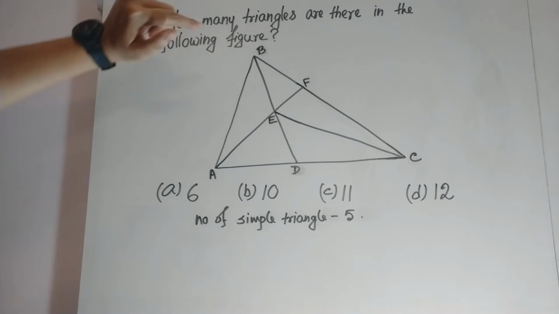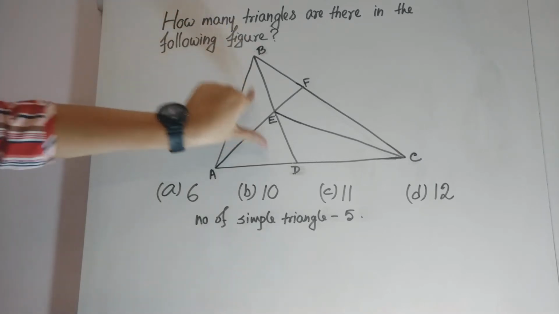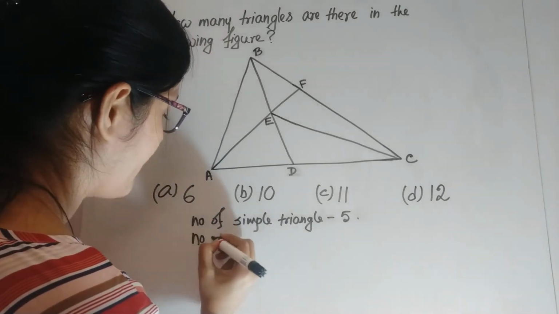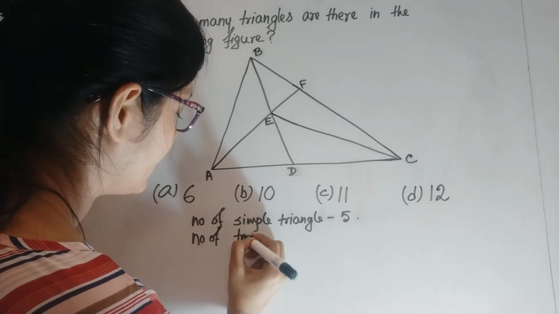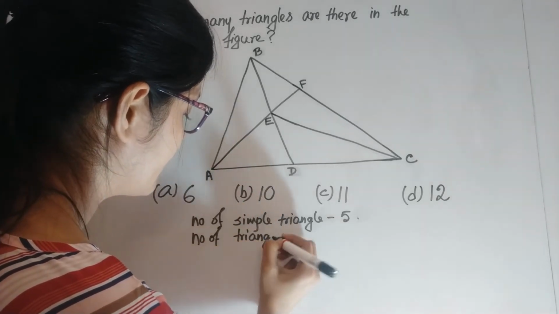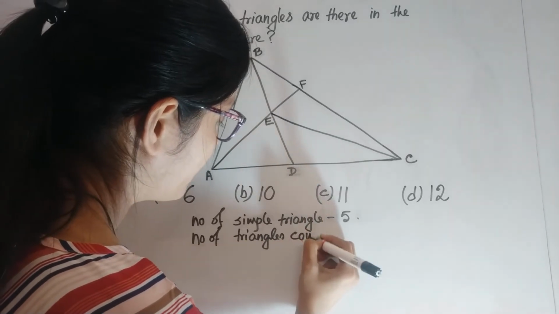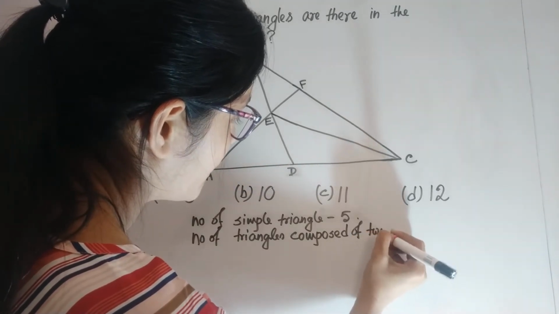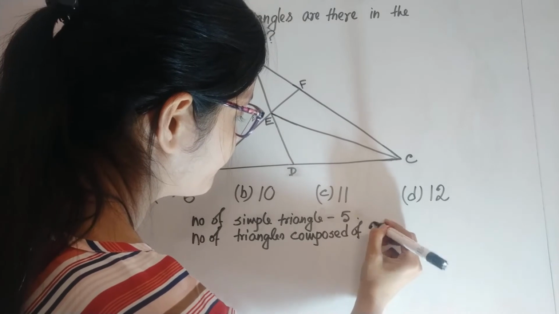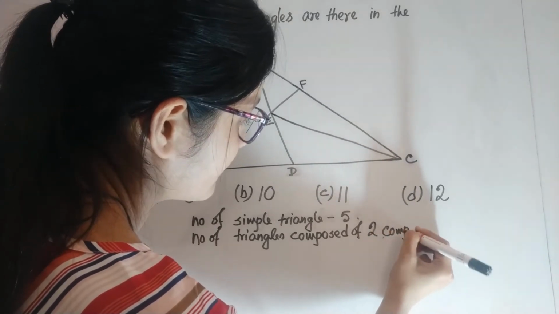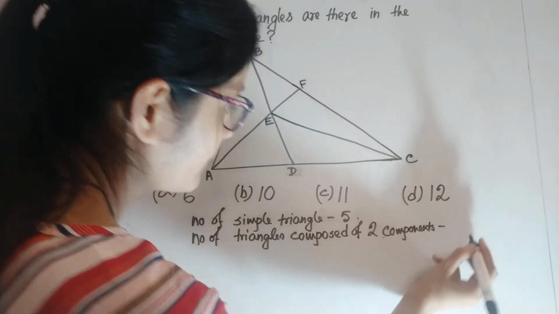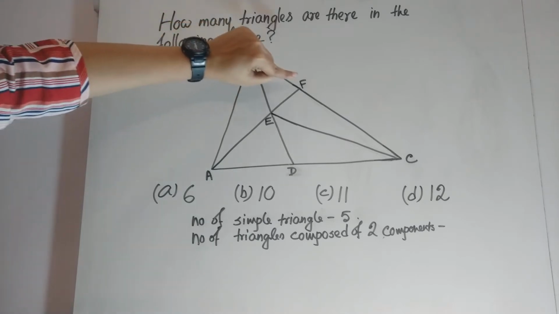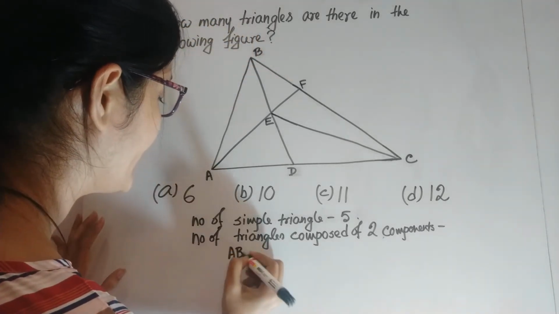Number of triangles composed of 2 components, that is 2 triangles. How many? A, B, F, 1.